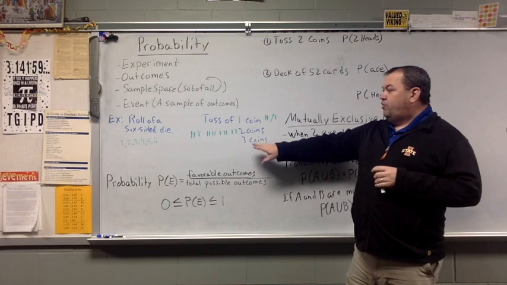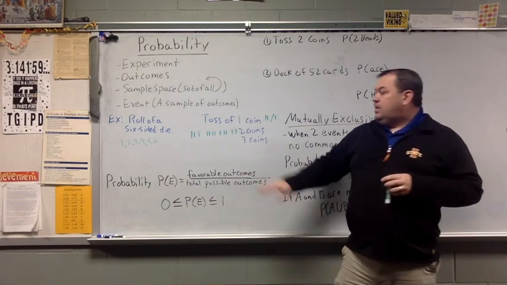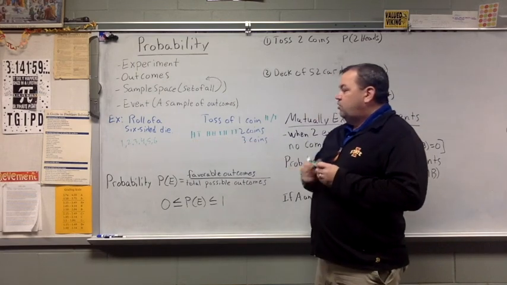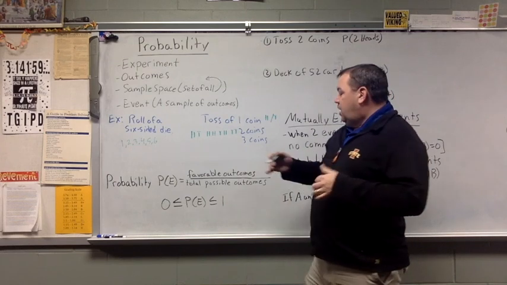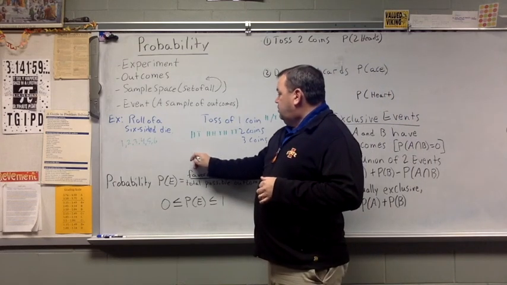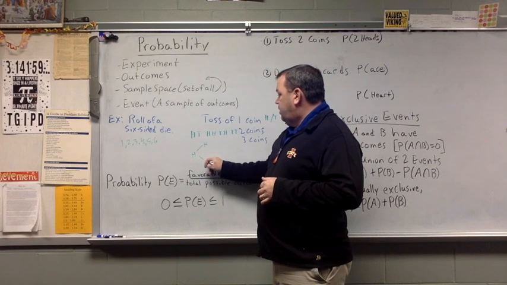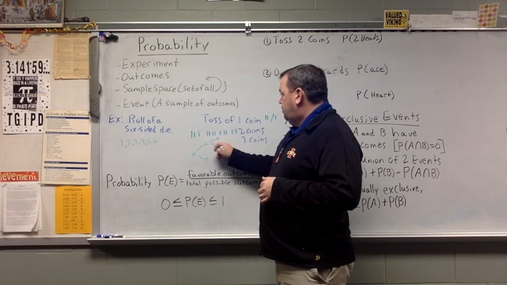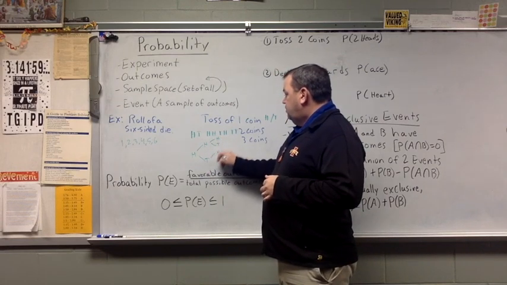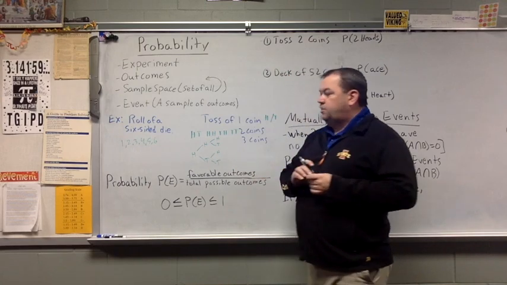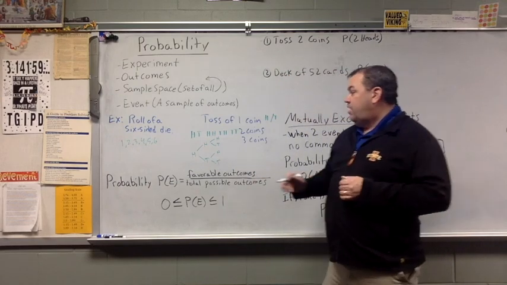If I go even farther and talk about 3 coins, you can still list them out, or sometimes we will draw a tree diagram with each one of these having my choices.